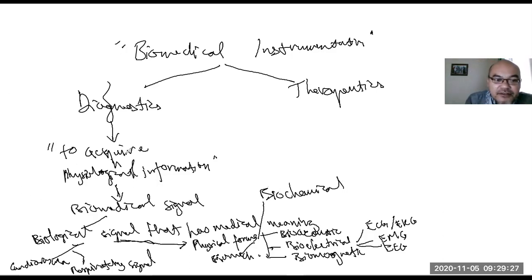So from which body system we measure it, from cardiovascular, respiratory, neuromuscular systems, etc., this gives biomedical signal from which physiological information can be acquired. Based on the ECG, for example, the physician may gather information whether the person is having arrhythmia or is in a healthy condition, whether he has tachycardia and different kinds of cardiovascular diseases.